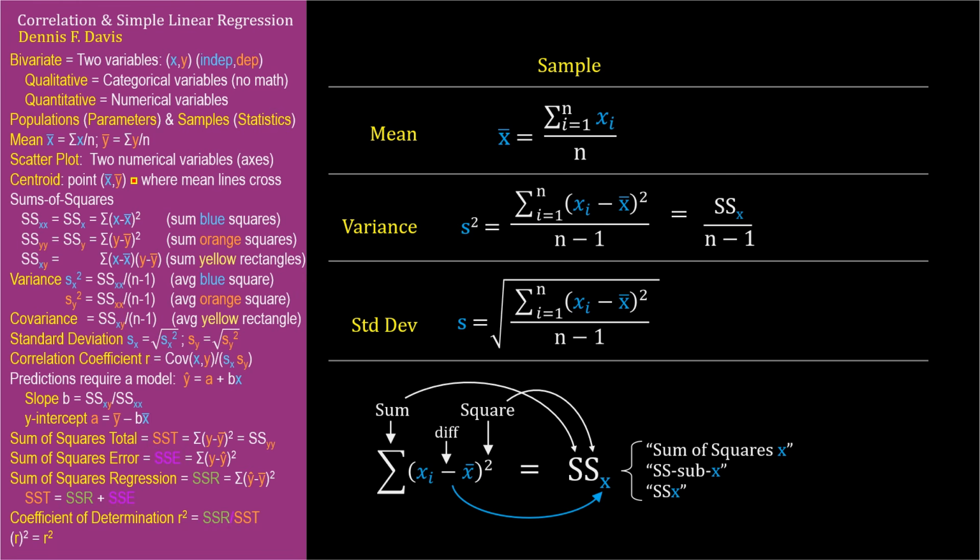N minus 1 instead of n, remember, because sample variances tend to underrepresent the variance of their population. So to find sample variance, we divide sum of squares x by n minus 1 to bump it up. Everything is much easier if you understand what things mean instead of just trying to memorize formulas. That's true in all of math and engineering.